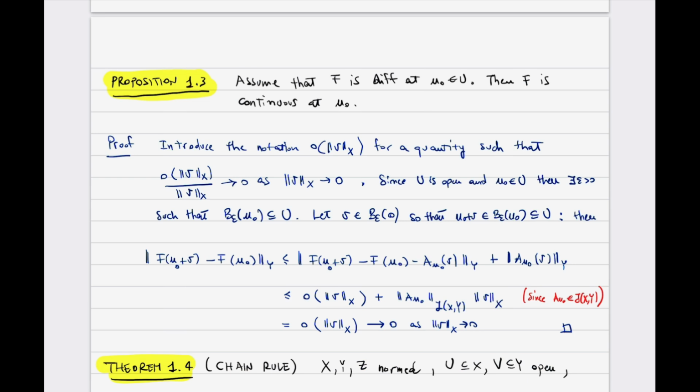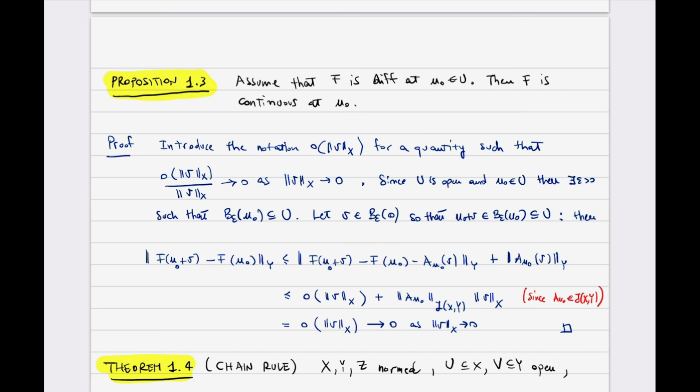So I just realized that I said something inaccurate before. Here it said that v had to be in the ball B epsilon of u0. Actually, this is not what we need.